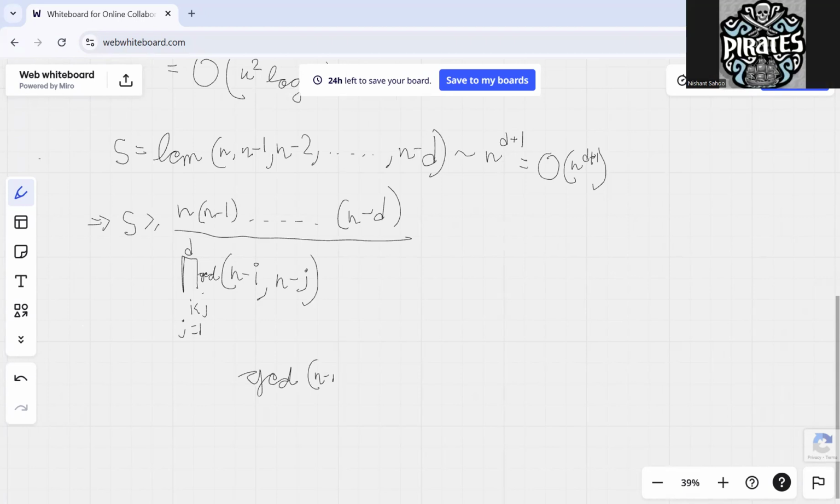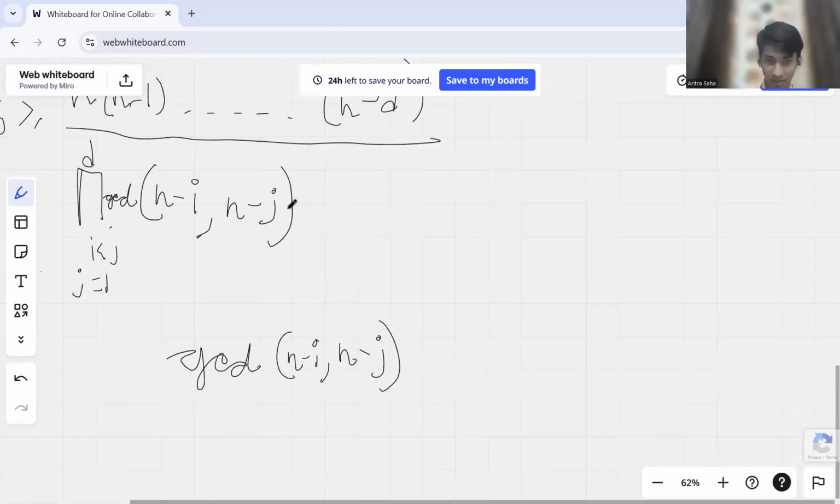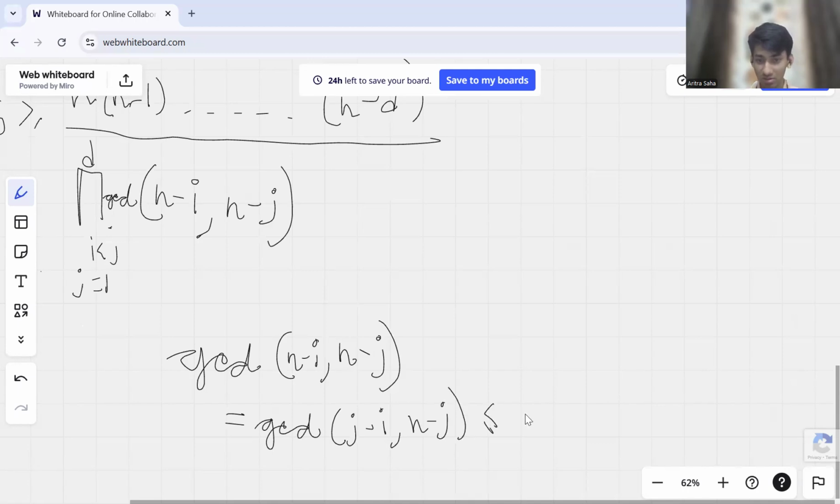It's probably bounded by I minus j. That's all you want. It is bounded by n minus j, but n is becoming larger and larger. Not n, so I minus j. I minus j. Exactly. So I consider j to be greater than I, so I'll write this to be GCD of j minus I, comma n minus j, which is less than or equal to j minus I.